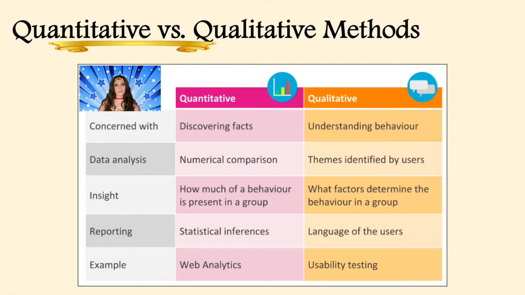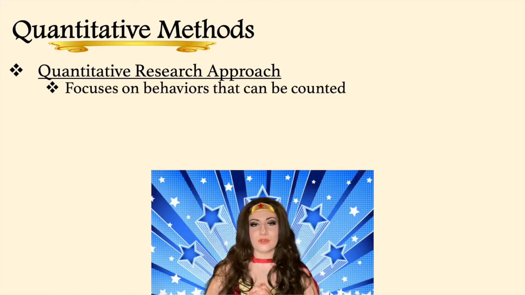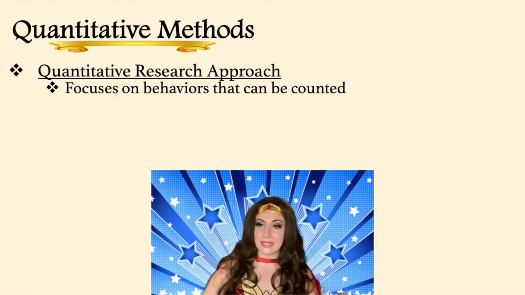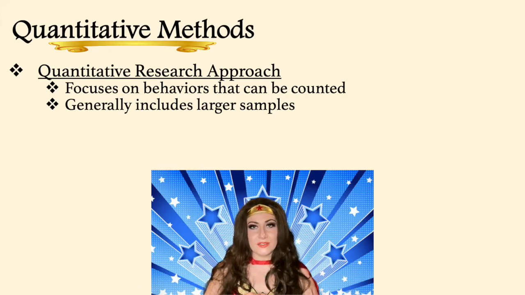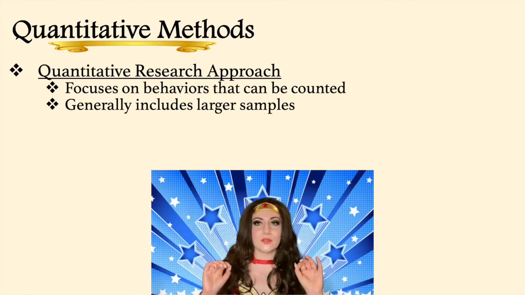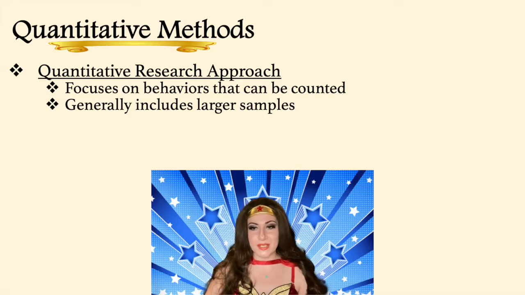When it comes to surveys, we of course know that that is a quantitative research method. The quantitative research approach focuses on behaviors that can be counted. Typically, surveys will involve a large sample size. Remember, because our goal is to statistically analyze our data, we need to have statistical power, and we know that statistical power comes from large sample sizes.